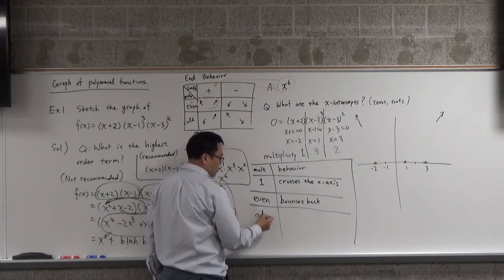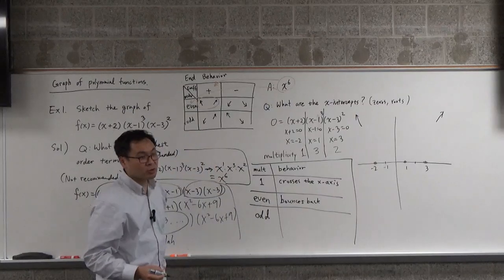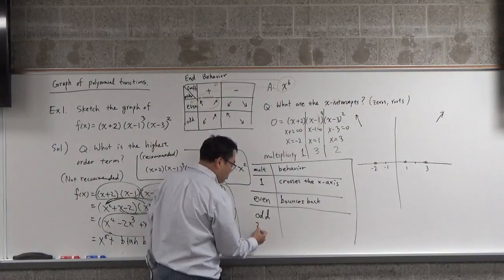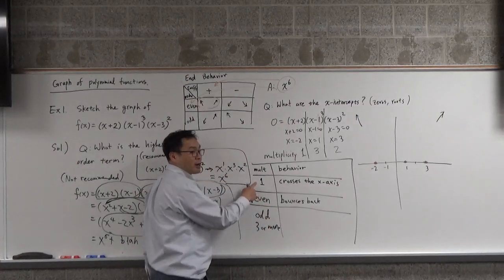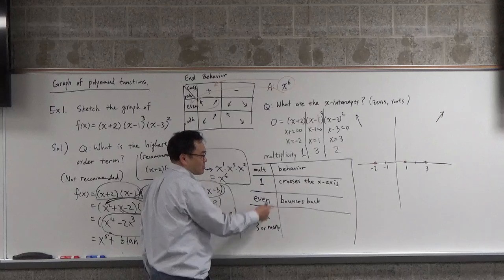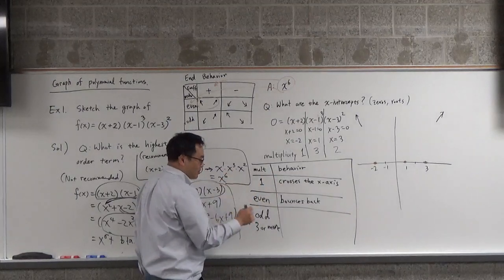And then if the multiplicity is odd and 3 or more, that's because 1 is also odd, right? But 3 or more is similar to this, but it has slightly different behavior.